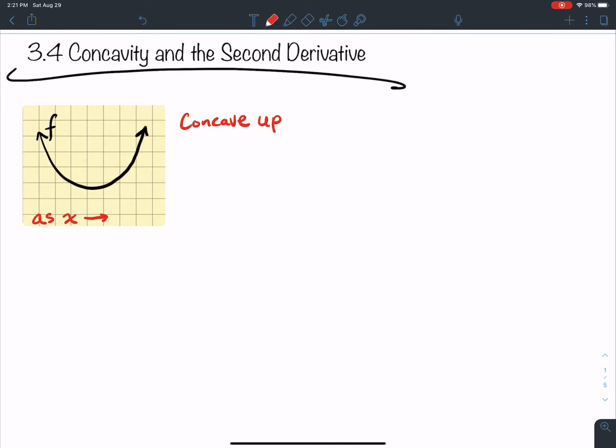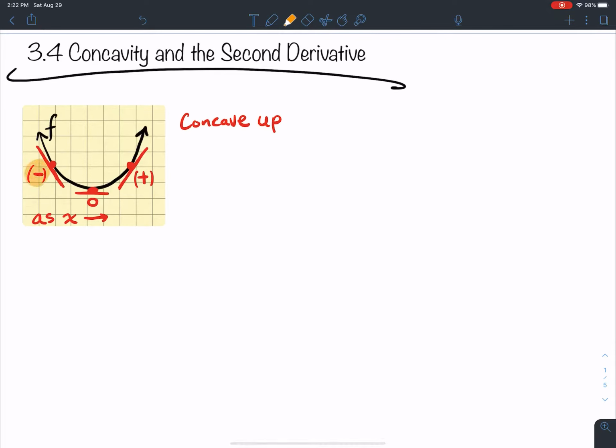Well, as x increases, as x gets bigger and bigger, what's happening to the derivative? Here it looks like the derivative is negative, and then here my derivative is 0, and then here my derivative is positive.